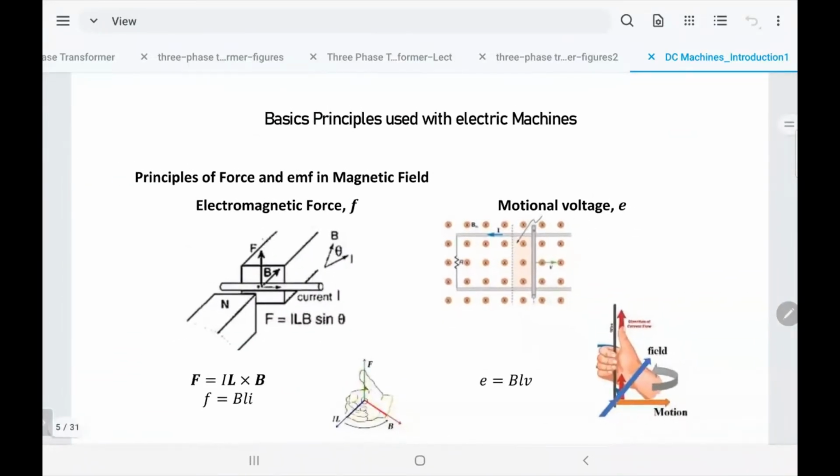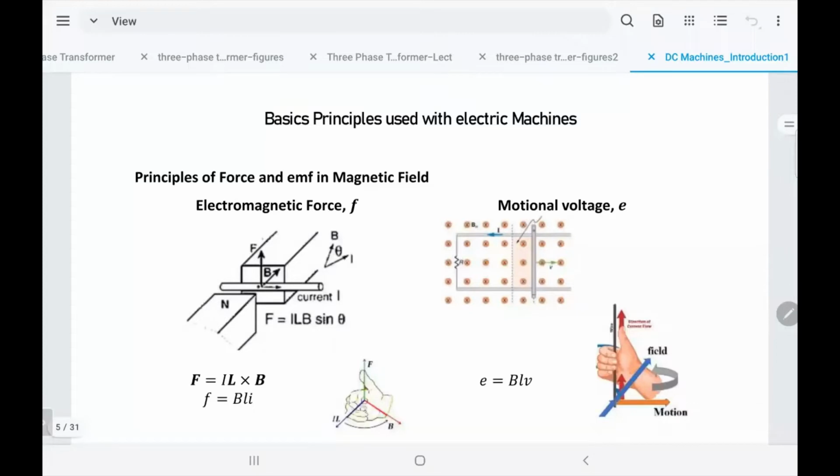So before we start any machine, we've got to review quickly. We did that already, but we'll make a fast revision about the principles used with electric machines. In electric machines, either motor or generator, there are two main laws that control their operation: how to produce induced EMF and how to produce force or motion.